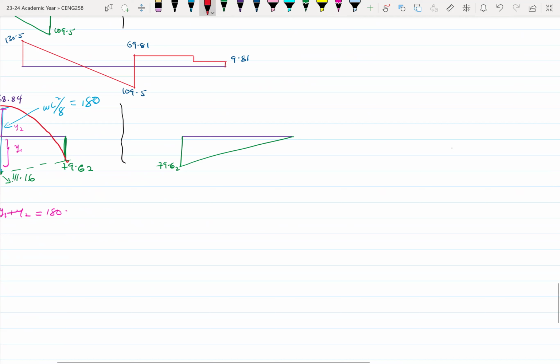Because there's a point load here, you have PL over 4. P is 60, so 60 times 2 over 4. So that is 30.